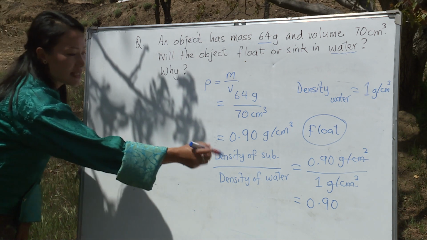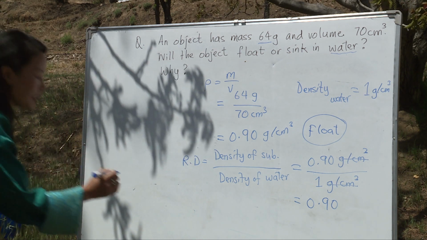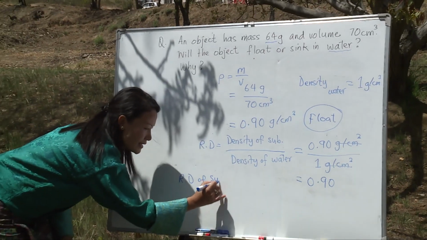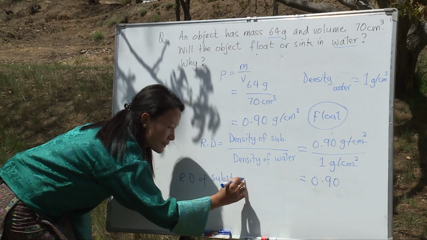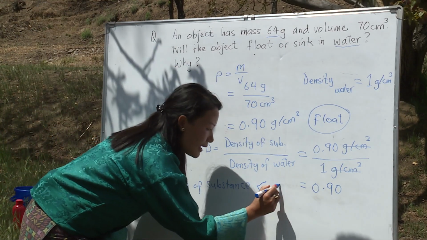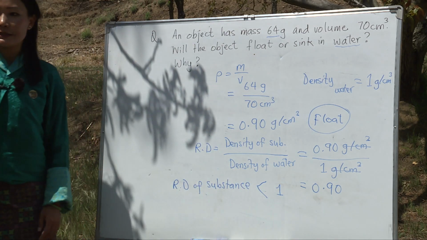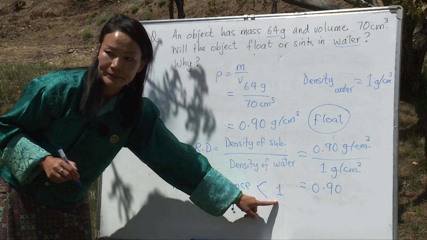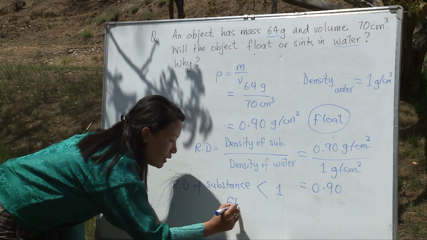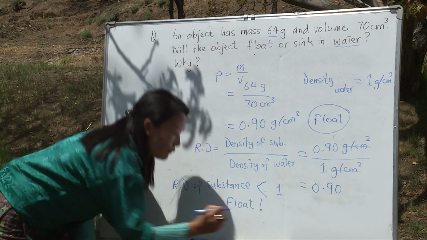So what does 0.90 mean? It means that the relative density of this substance is lesser than 1. It's less than 1, which means that this object will float.